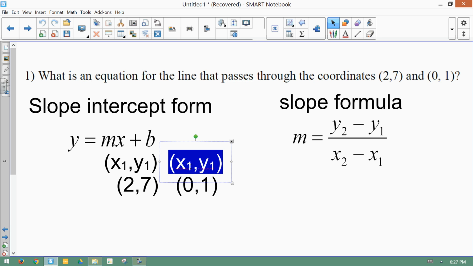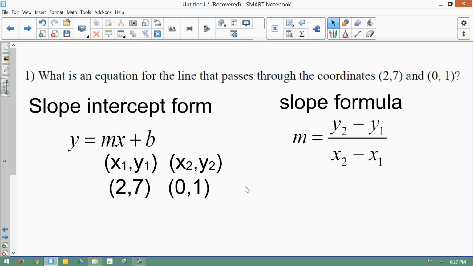Because of that 0, it's actually going to make this first problem go fast. So if I call the first point x1, y1, and the second point x2, y2, let's apply these points to the formula.